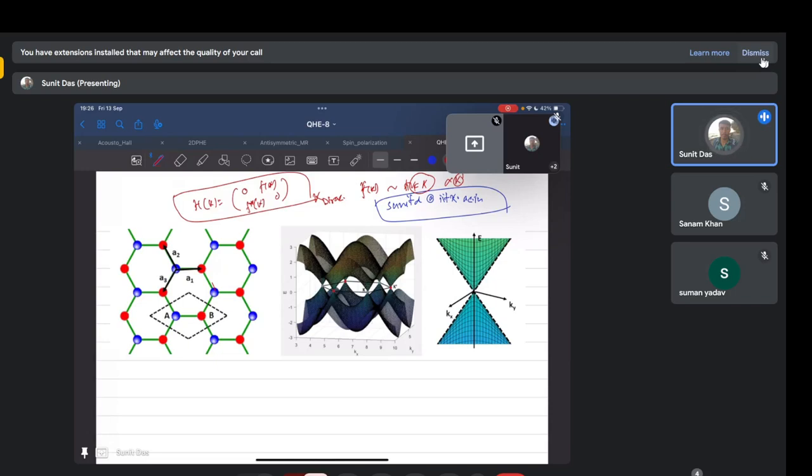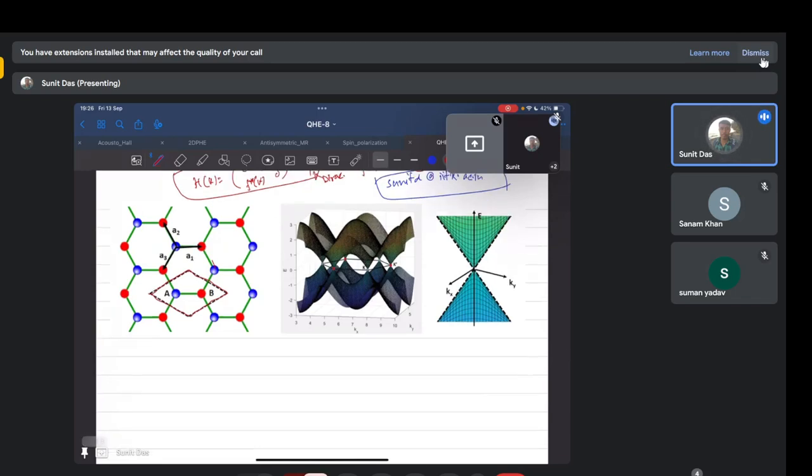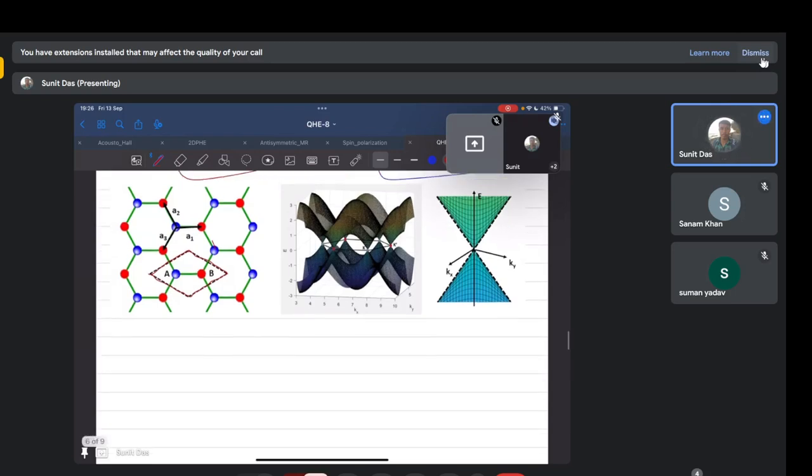A1, A2, and A3 are the nearest neighbors, and the unit cell is given by this one, where it contains two kinds of atoms, A and B. So we say this is a bipartite lattice, and if we derive the tight binding Hamiltonian, as we already derived in one of the tutorials, you see that the Brillouin zone is also hexagonal, and at 6 distinct points the conduction band and valence band exactly touch each other.